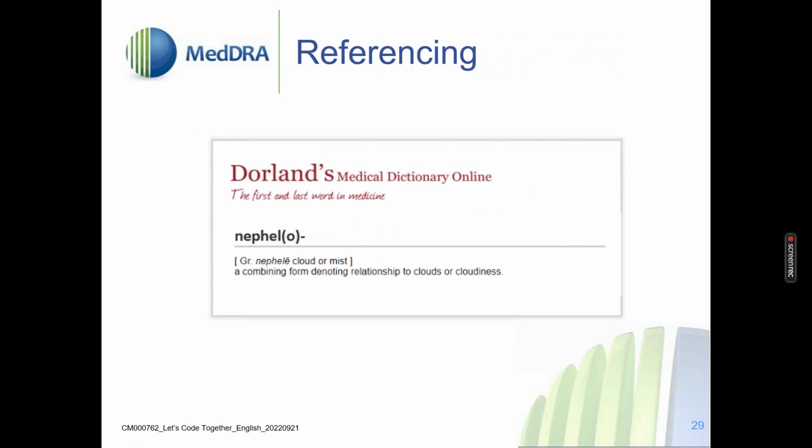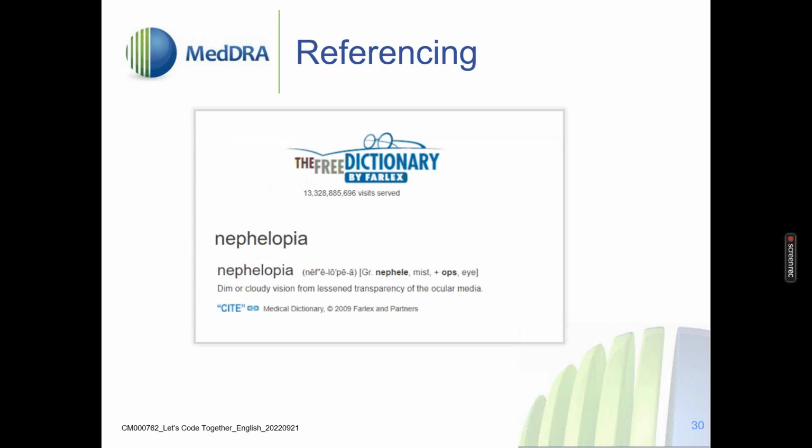So looking in Dorland's, which tends to be my first go-to reference, nephro is a combination form denoting relationship to clouds or cloudiness. So this is obviously where the blurriness or cloudiness in vision has come from. We looked further to try and find something else. This was the only one we could find with nephrolopia together online.